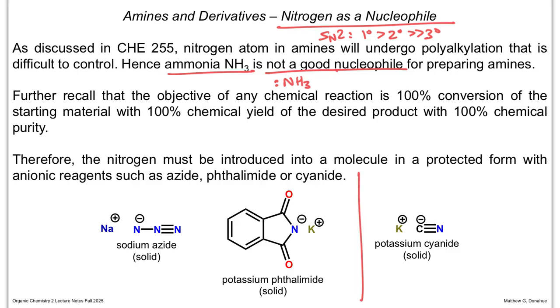The sodium azide and potassium phthalimide have a nitrogen atom that is nucleophilic. The potassium cyanide, notice where the charge resides. The negative charge is on the carbon. So the carbon is the nucleophile, and it's dragging that nitrogen along.